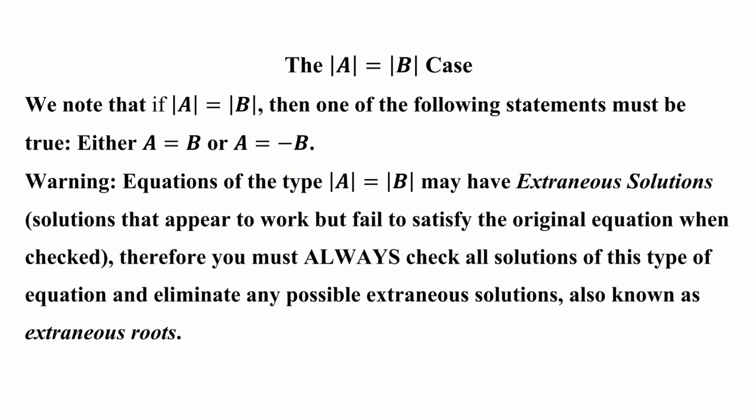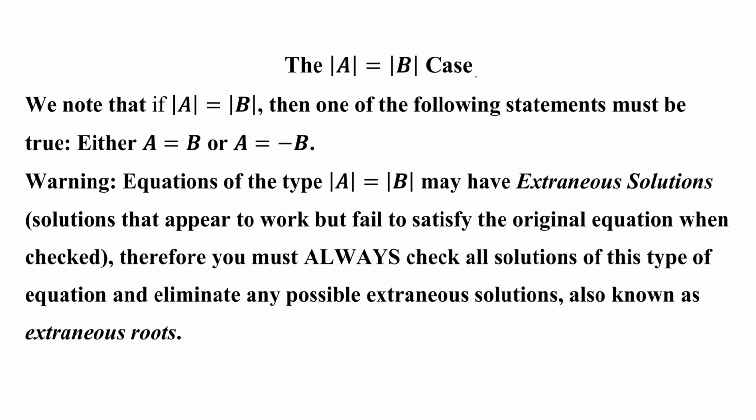There's one interesting case, which is the absolute A equals absolute B case. So if the absolute values of two numbers are equal, what do you think they would have to be? Think about it, right? If the absolute values of two numbers are equal, they're either the same number, or in worst case scenario, they're opposites, right?